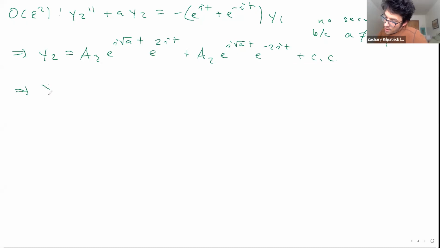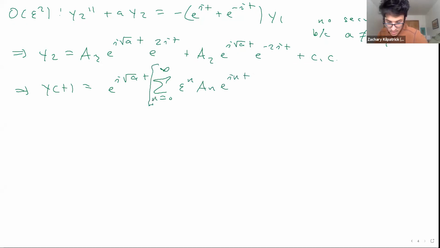So overall, we end up with a series expansion: e to the i square root of a t, sum from n equals 0 up to infinity, epsilon to the n, a n, e to the int, multiplied by that, plus complex conjugates here.